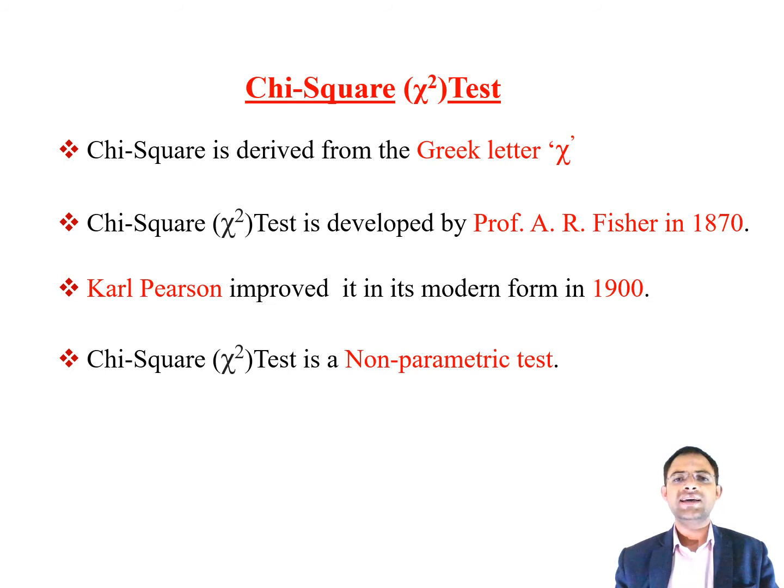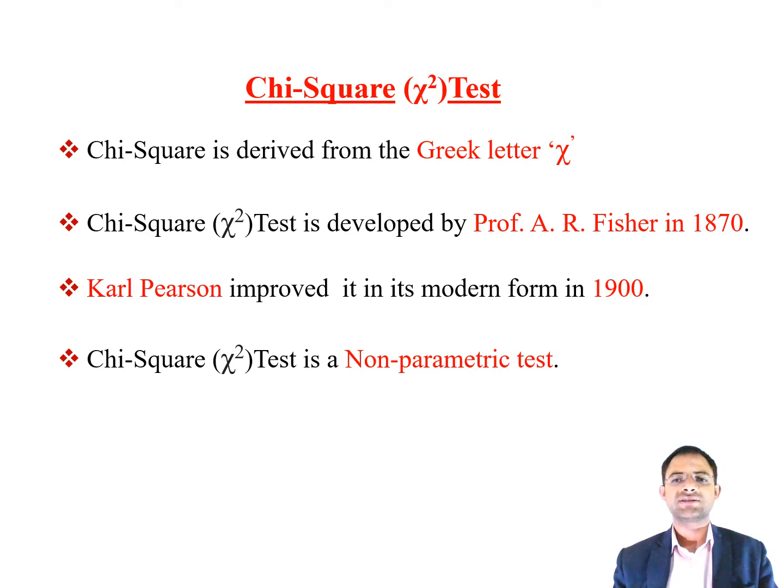The chi-square test is a non-parametric test as its value is not derived from the observations in a population. Non-parametric tests are tests in which no constant of a population is used, data do not follow any specific distribution, and no assumptions are made.